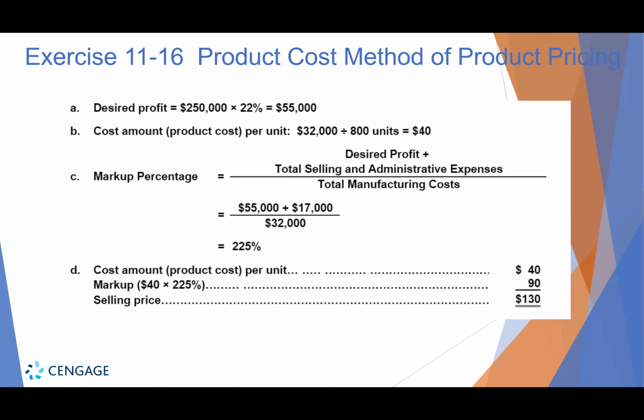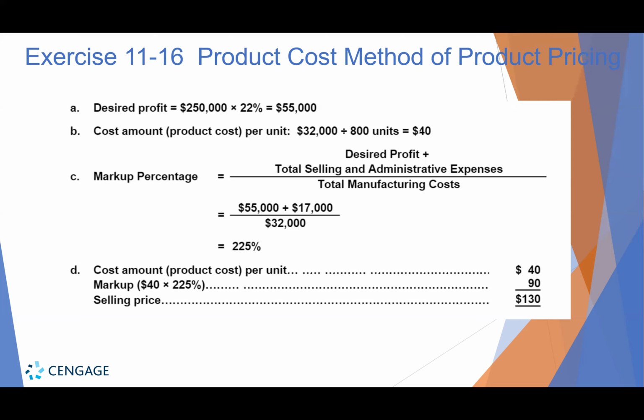So if we're selling 800 units and we want a profit of $55,000, we've got to take our $55,000 plus our selling and admin expenses of $17,000, divide that by our product costs, and our markup is 225%.